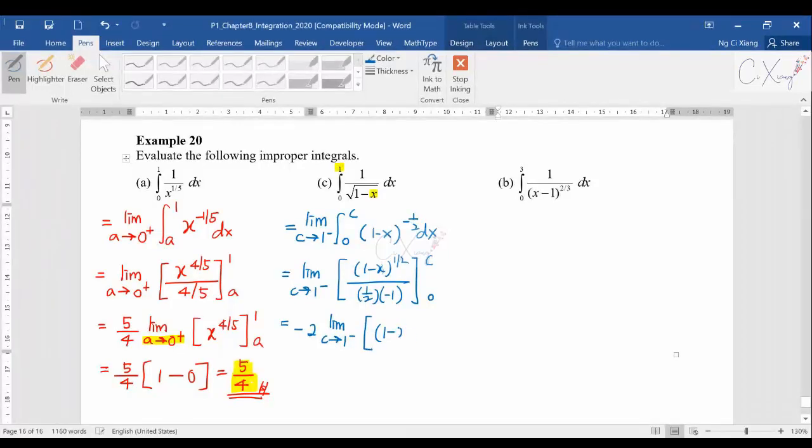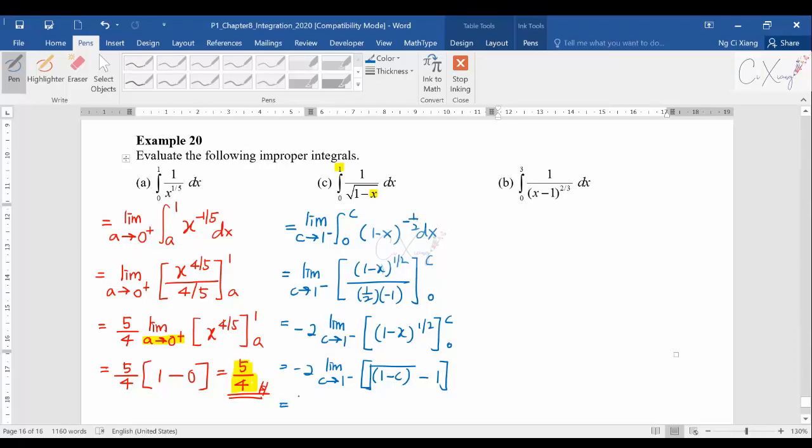So my equation becomes negative 2 times (1 minus x) power half. Then you put in c and 0, with the limit c to 1 negative. You have 1 minus c square root, then minus 1 minus 0, which is 1, and 1 is 1.